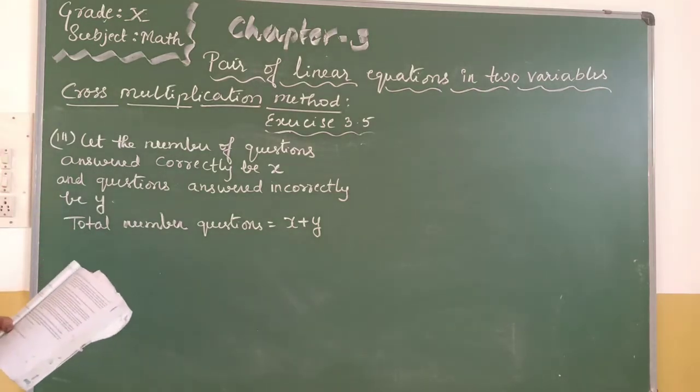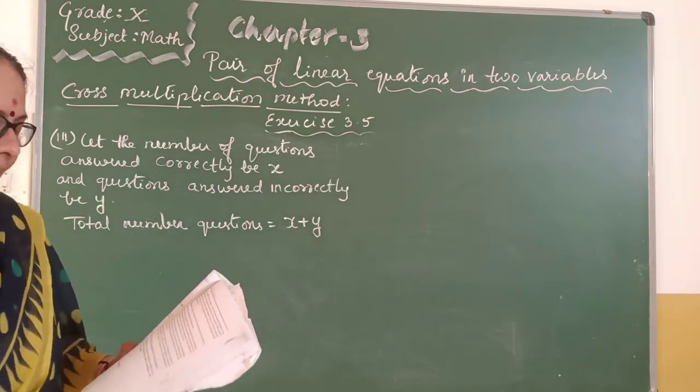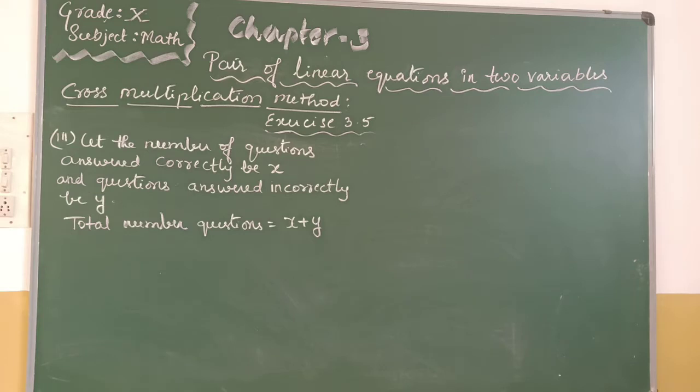Now the first condition: Yash scored 40 marks in a test, getting 3 marks for each right answer and losing 1 mark for each wrong answer.